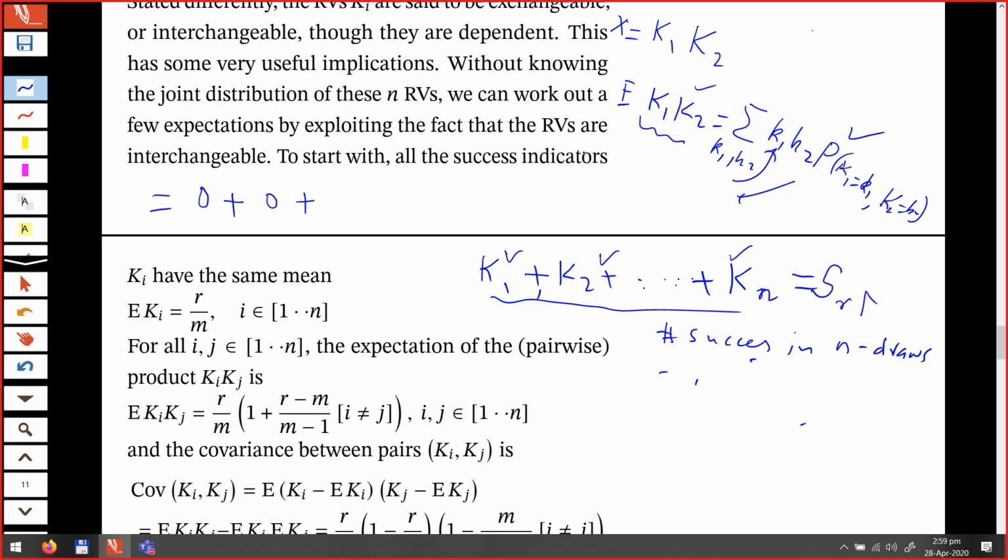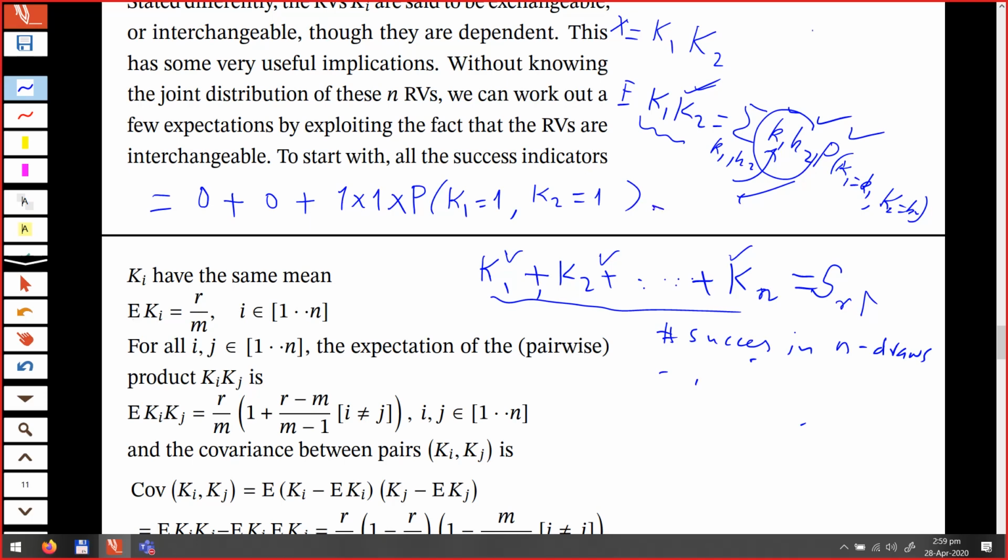I will get a non-zero answer when both K1 and K2 are 1. So if K2 is 1 and K1 is also 1, what is the value of this transformation? 1 times 1. So I just write 1 times 1, and then I multiply it with the probability that K1 is 1 and K2 is 1. This will be the expectation of K1 times K2.